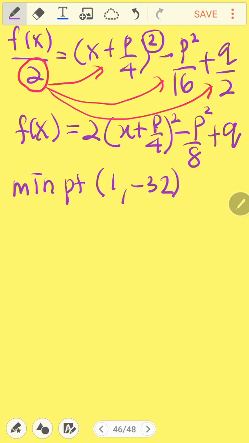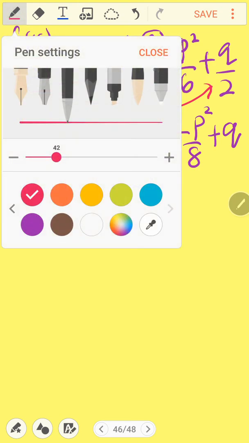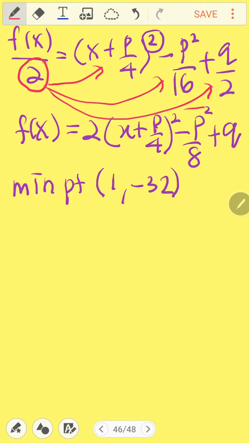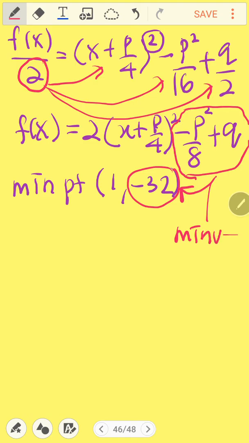So here we have to use our basic knowledge that we learned beforehand, that this whole thing is negative 32 because this is considered the minimum value. And then this thing is considered as x equals 1.